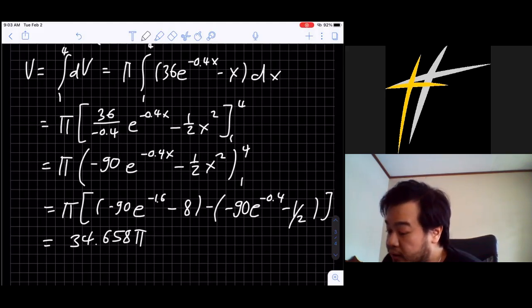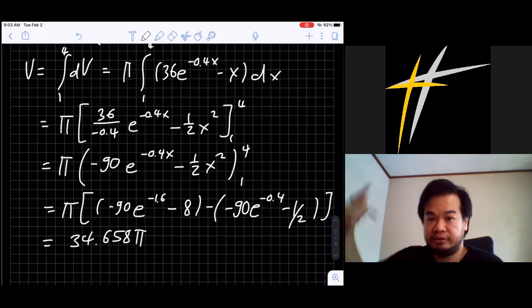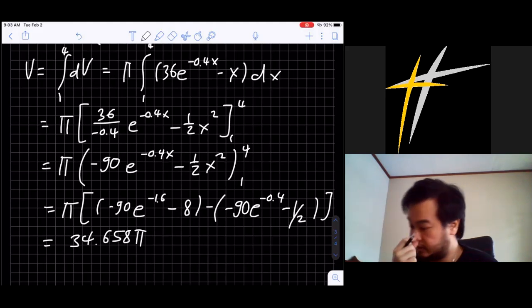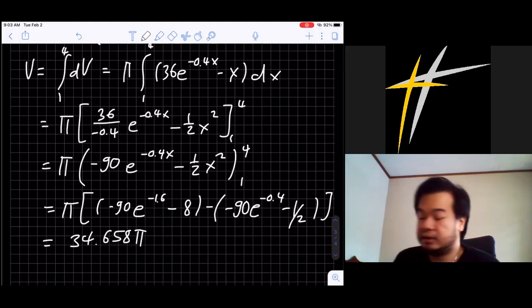In examples 1 until 3, the figure was generated by rotating a region. Such a figure is given the name solid of revolution. Yeah, because it is revolved, it's rotated about a certain axis. As the strip rotated, it generates a disc or a washer, like a tin coin.